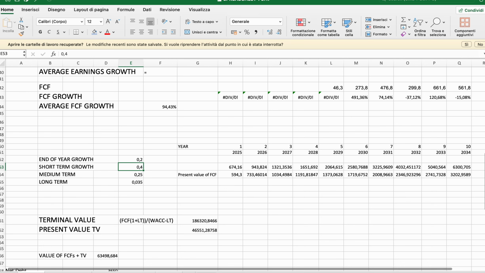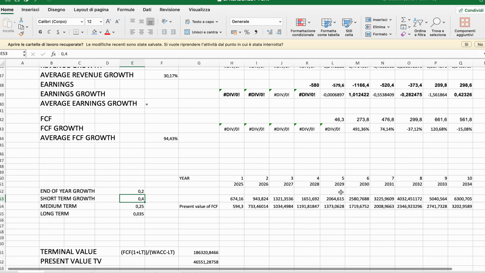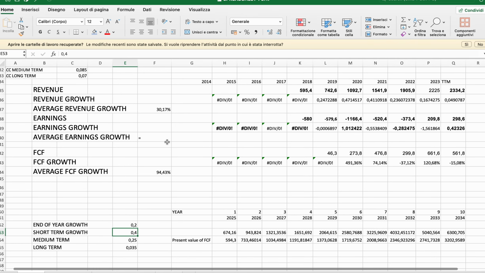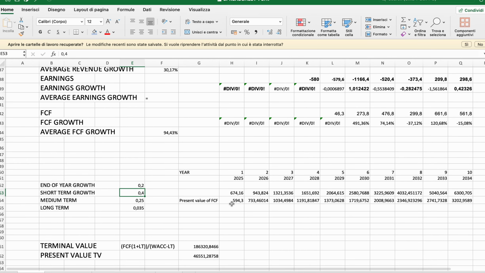I expect it to increase the free cash flow, mainly because of the revenue growth. We can see that it has grown pretty well on a year-over-year basis, and I also expect it to increase its margins and decrease the cost of capital.